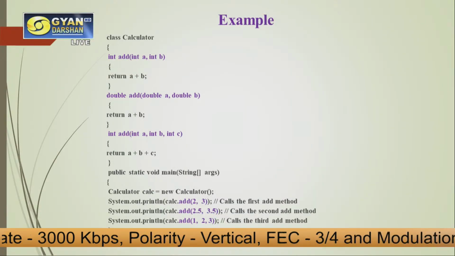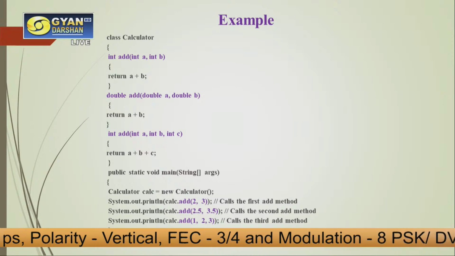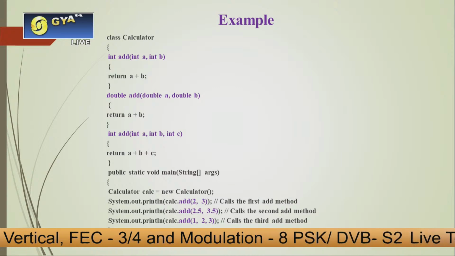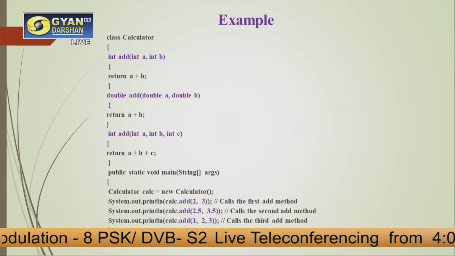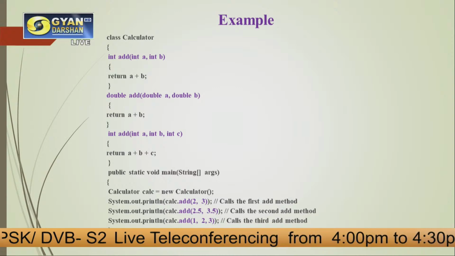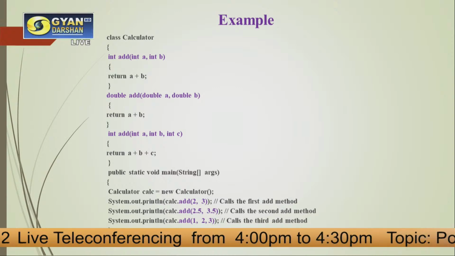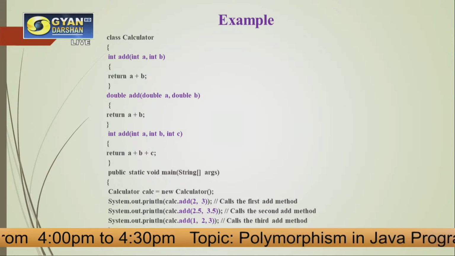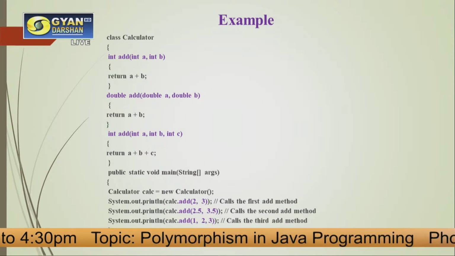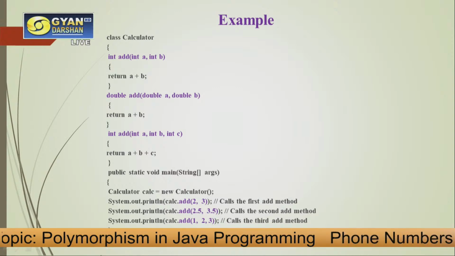So these three different implementations are basically doing method overloading. More than one implementation of the same method name is there, but the signature of all those different implementations is different, so that they can be identified at the time of compilation as to which method is called.